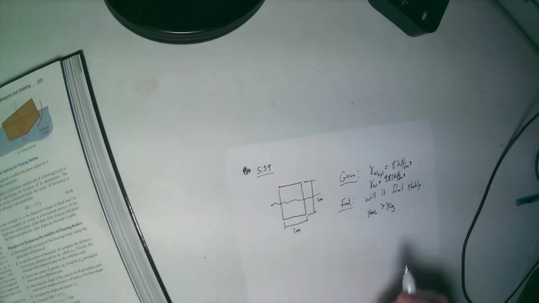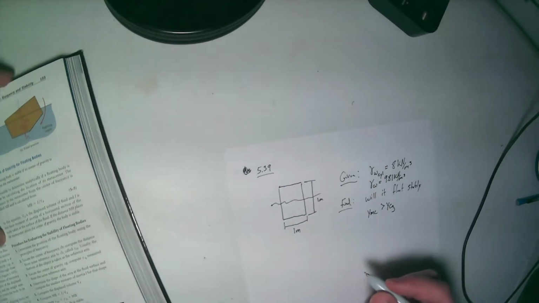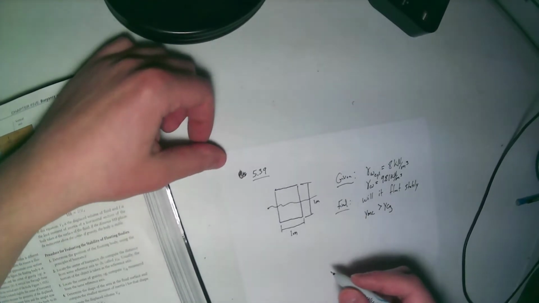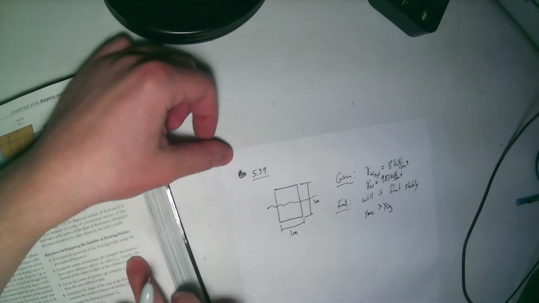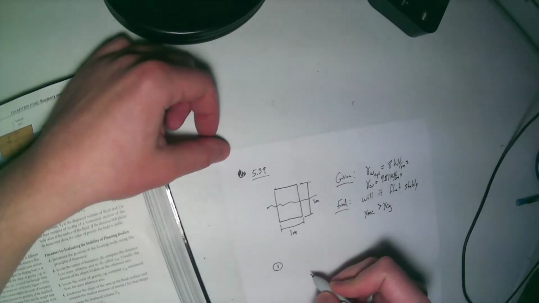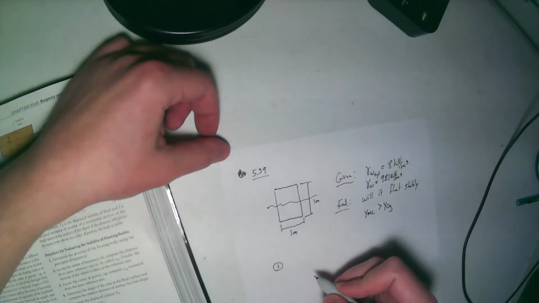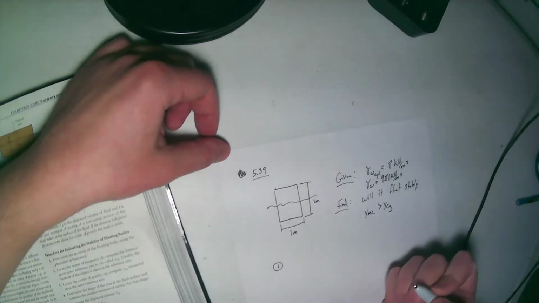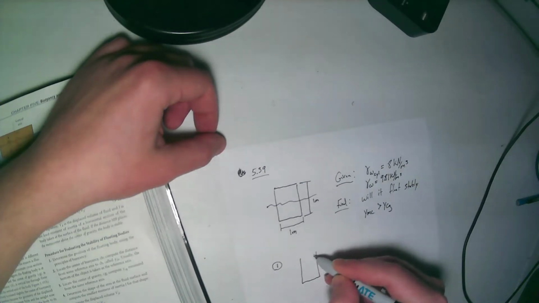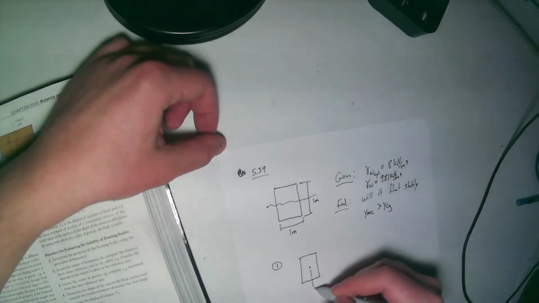Alright, so we want to go through and solve this, following this stability of floating bodies procedure. Step 1: determine the position of the floating body using the principles of buoyancy. The principles of buoyancy here is our static equilibrium case, right?